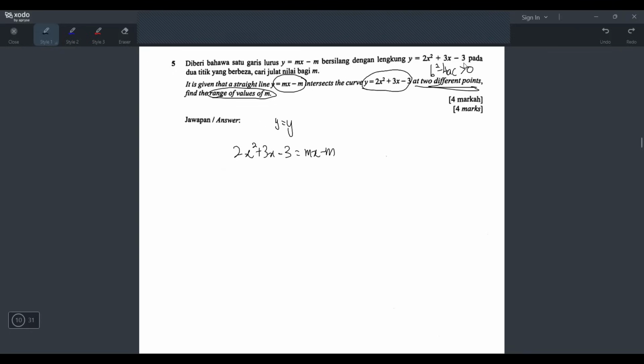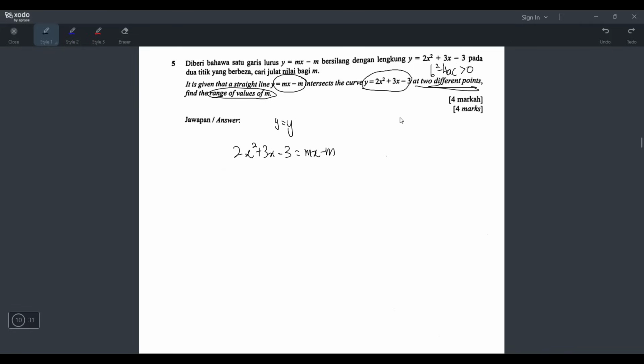Alright. So I'm going to repeat one more time how to do questions like this. Remember, if the question gives you one curve equation and one straight line equation, you will always do simultaneous first. After we do simultaneous, then we look at whether the question says two different points, 1 point, or does not touch. If they say two different points, then you do b squared minus 4ac bigger than 0.